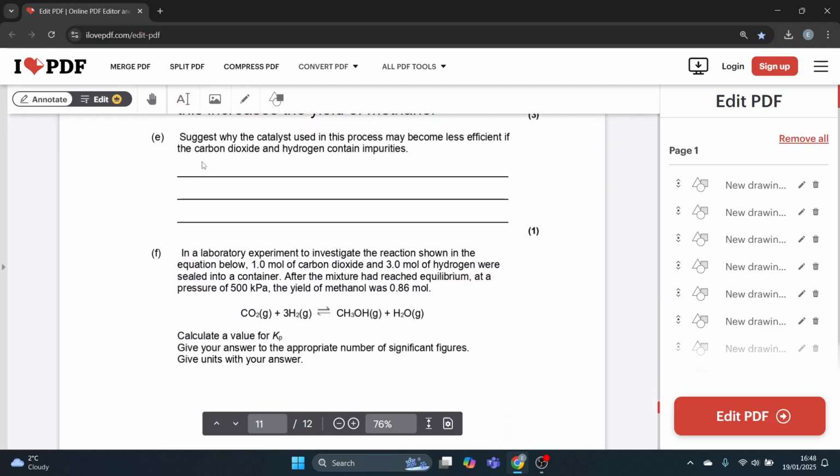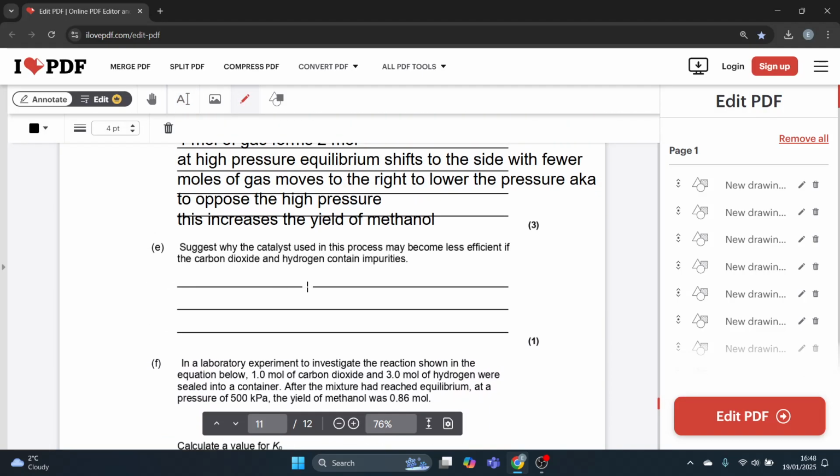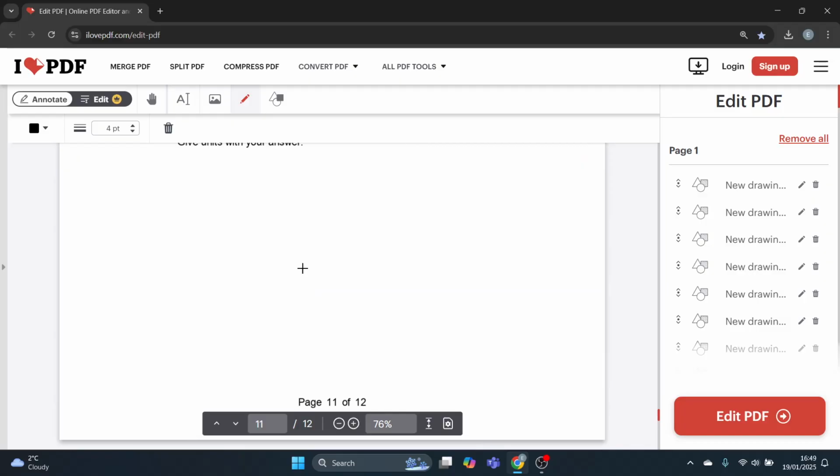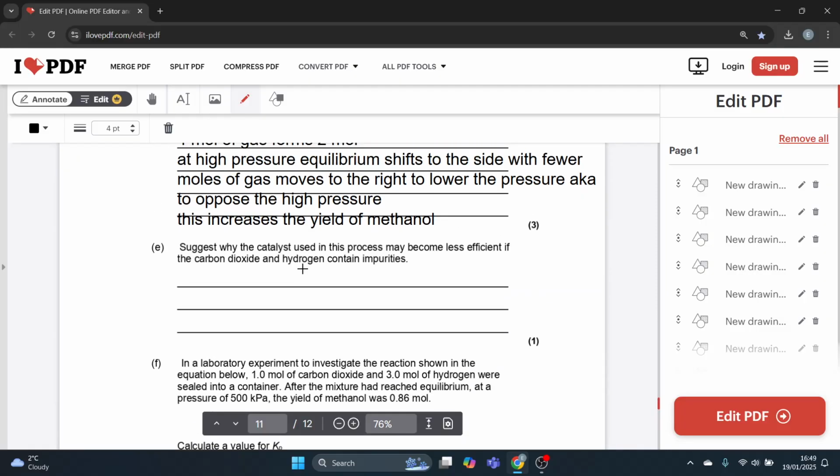Part E says suggest why the catalyst used in this process may become less efficient for carbon dioxide and hydrogen containing impurities. I think this is more on, actually maybe not, on transition metals. There's a bit about homogeneous catalyst, heterogeneous catalyst in year 2, and also about impurities.